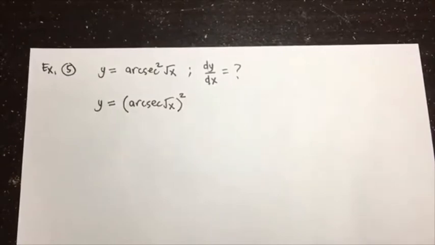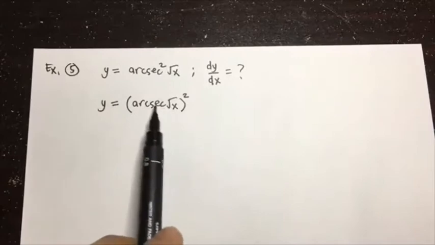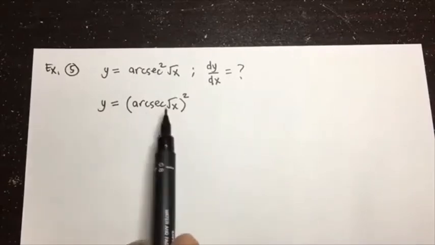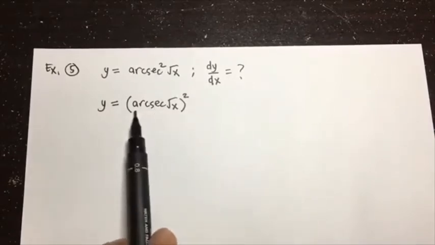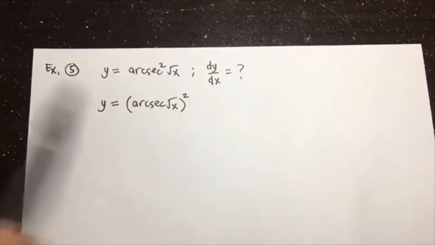Okay, so in this problem we will be using the general power formula, where our u in the general power formula is arc secant of square root of x.